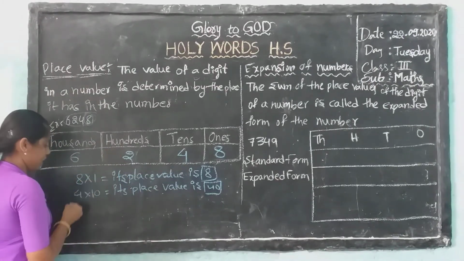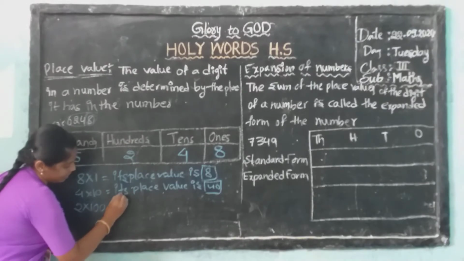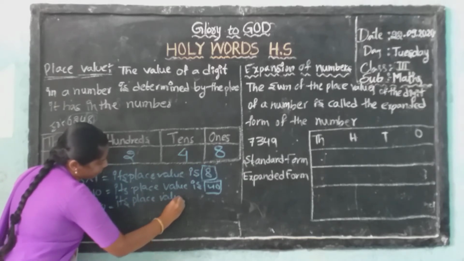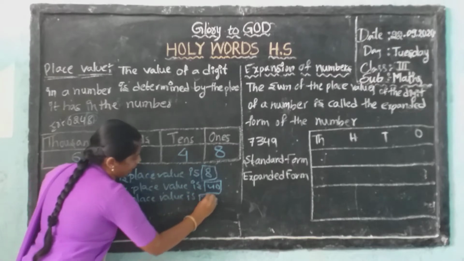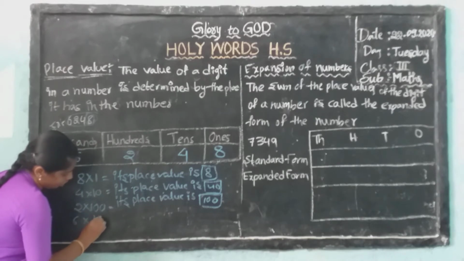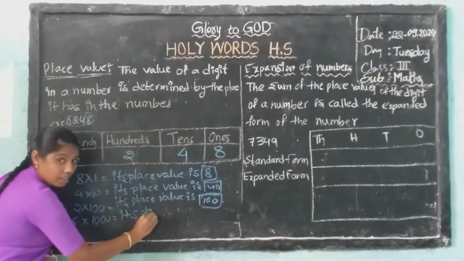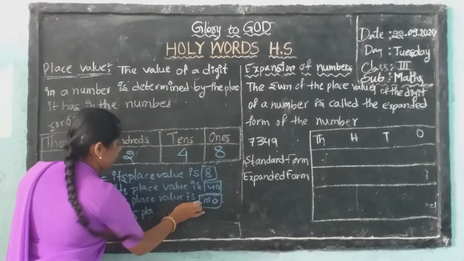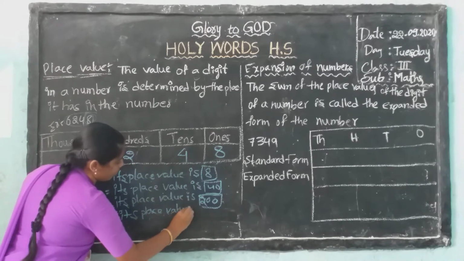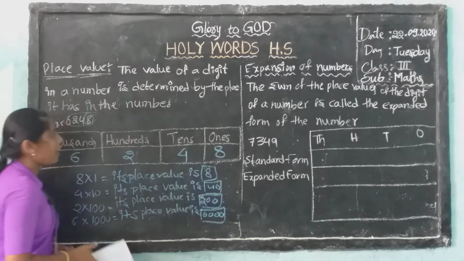Next, 2 into 100, because it is the hundreds place, its place value is 200. And 6 into 1000, its place value is 6000.